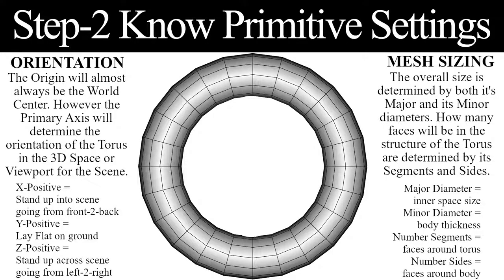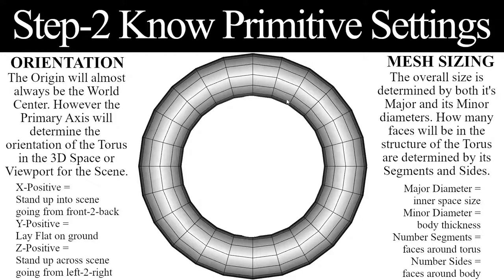So the other two parts are going to be the number of segments and the number of sides. You can see them down here on the bottom, and those are going to determine the actual mesh that defines the torus. The number of segments will be how many shapes, how many polygons or faces are going to be used to define the torus going all the way around its diameter.